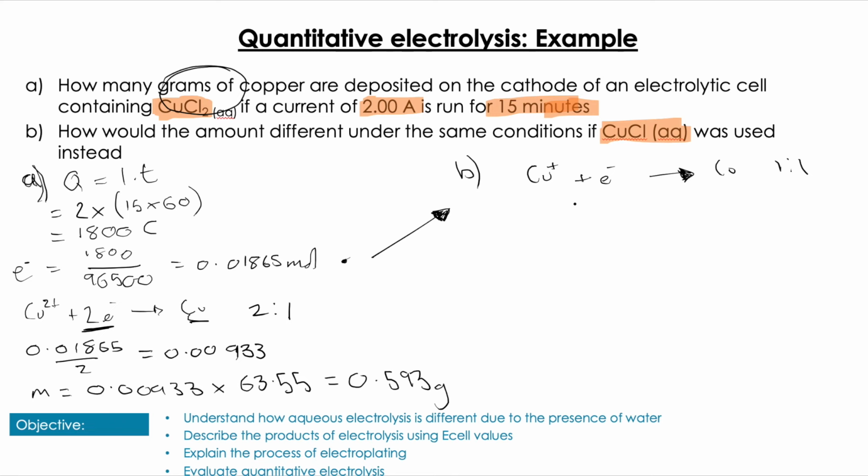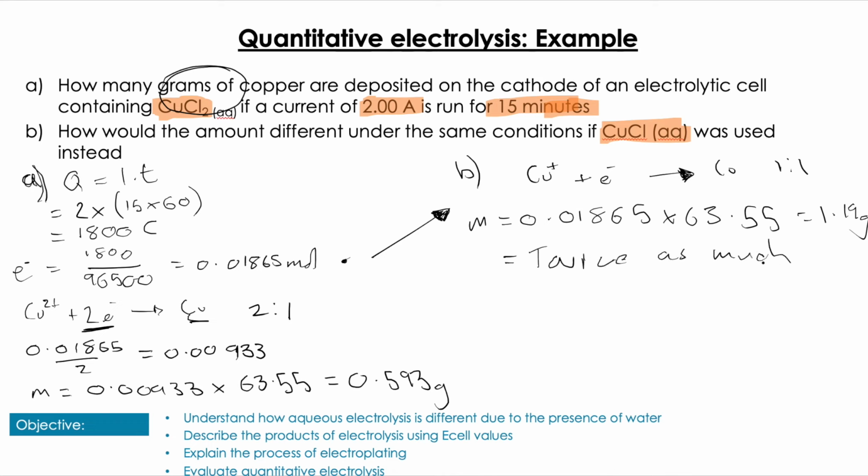So therefore the number of moles is the same as the number of moles of electrons. So all I'm going to do is use that multiplied by my molecular mass, which is going to give me my mass of copper, which in this case is going to be exactly twice the amount that I got in part A, because I have half the charge.